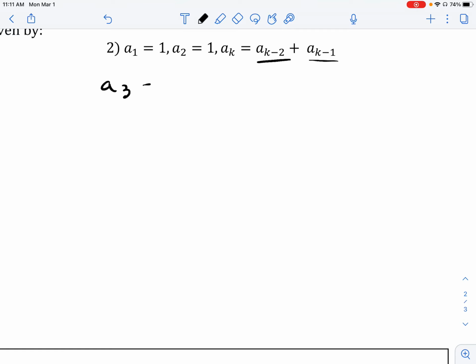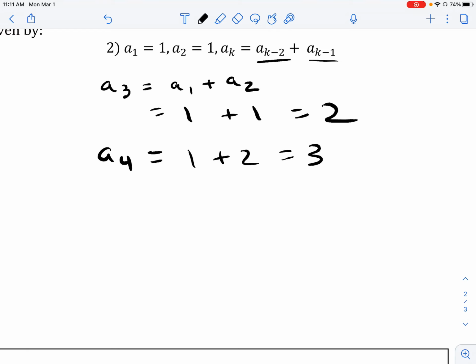So a sub 3 is equal to a sub 1 plus a sub 2. In this case, 1 plus 1. That's equal to 2. A sub 4 is equal to 2 plus the previous term, 1 plus 2, which is equal to 3. A sub 5 is equal to the sum of these 2 terms, 2 plus 3.